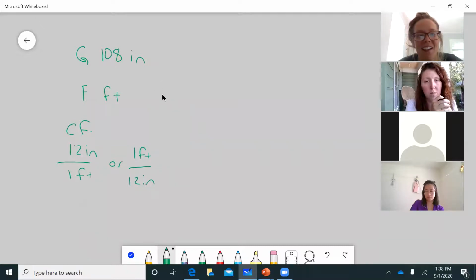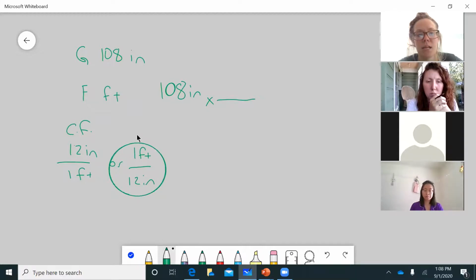So with 108 inches, we multiply by the conversion factor. We're going to use this one because inches will go on the bottom and feet on the top. So 1 foot for every 12 inches. What happens to our inches? They disappear and we're left with just units of feet.